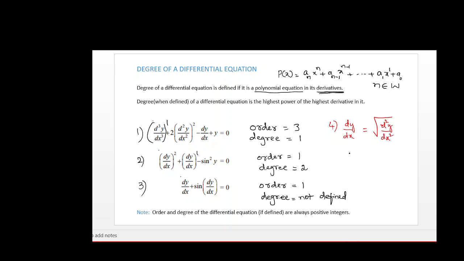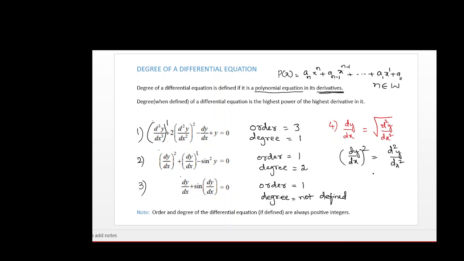Okay. So in that case, we have to convert. In the initial step itself, I told you, if the powers are not a natural number or a whole number, we have to convert. That conversion I can make here by squaring on both sides. So by squaring on both sides, I will get (dy/dx)^2 equal to d^2y/dx^2.